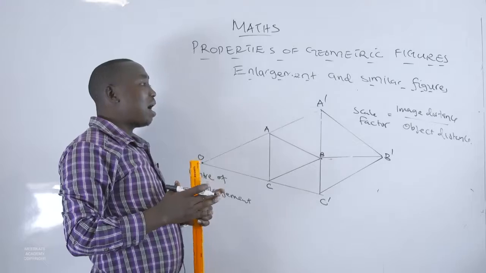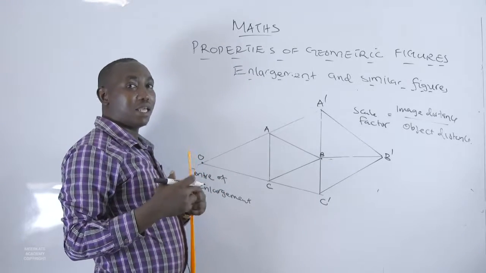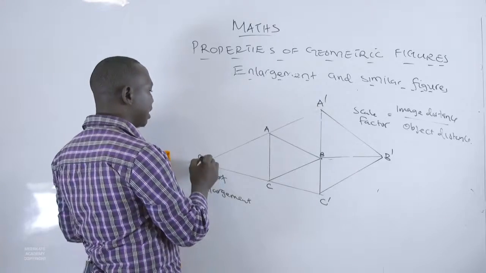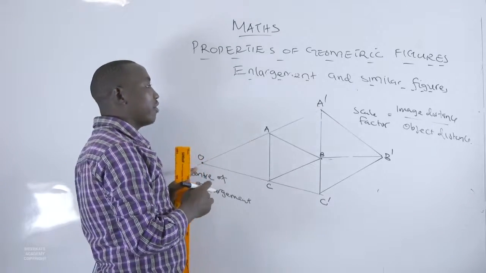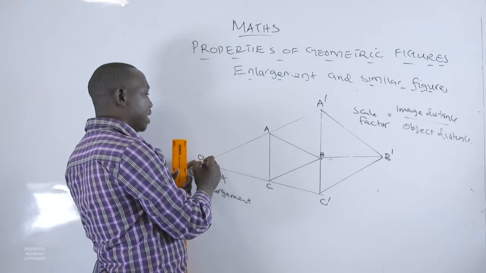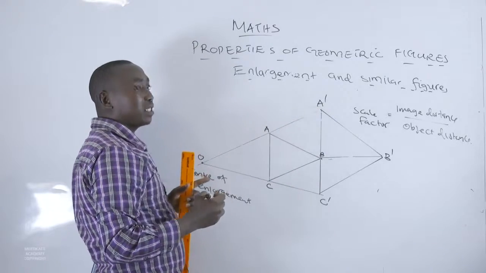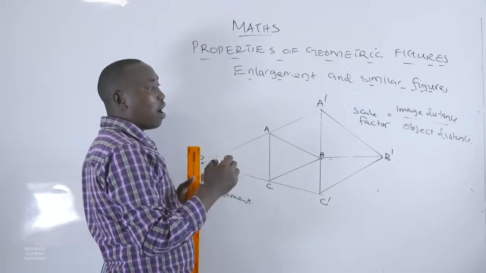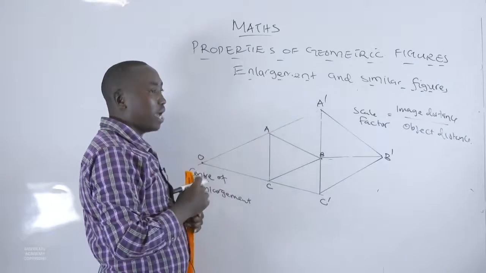And that object distance and the image distance are normally taken from the point of enlargement. For example, if you are referring to the image distance for point A, then it should be the distance from O to A prime. Then its object distance will be from O to A.